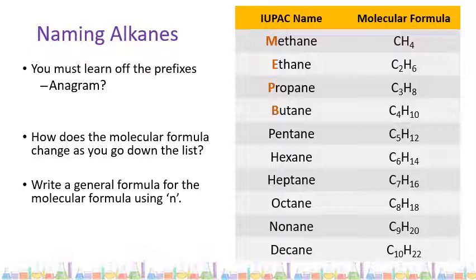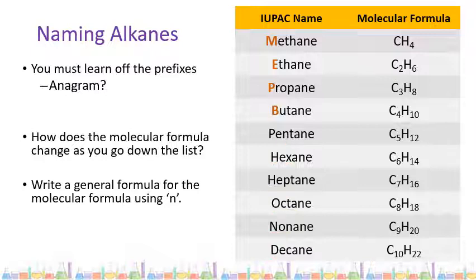I find that people tend to know pentane because a pentagon has 5 sides, hexane, hexagon, heptagon, octagon. Non tends to be associated, the letters are similar to 9, and dec, think of decade for 10. So I think the only problems that arise are with the first 4. That's why I have them highlighted there.